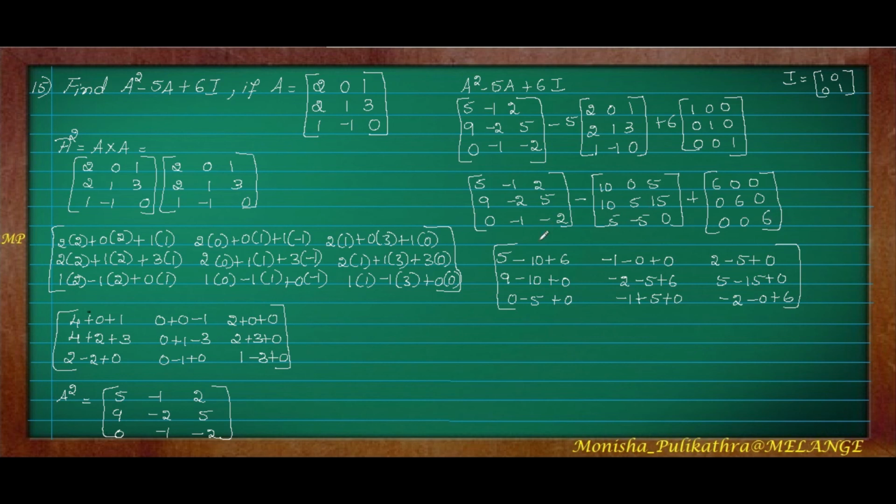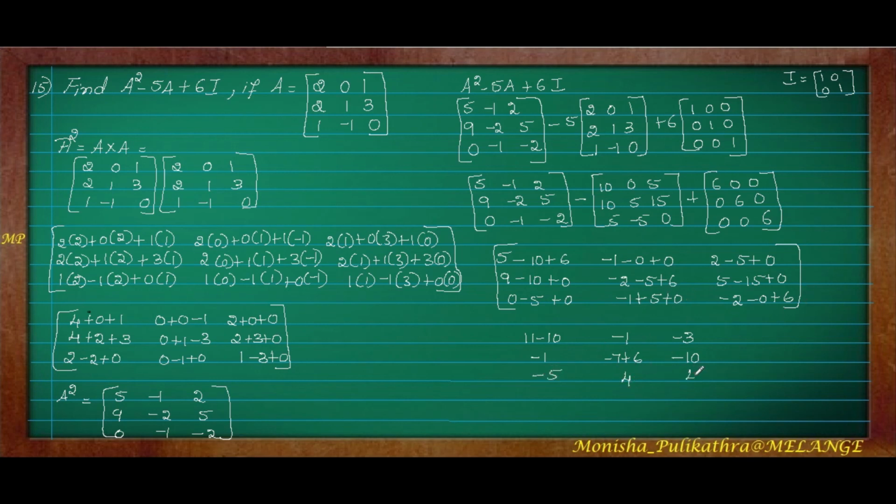So all three rows I have taken, first for subtraction and then addition. So it will become 6 plus 5 is 11 minus 10, here minus 1. Next is zeros. 2 minus 5 is minus 3. Next 9 minus 10 is minus 1. Here minus 2 minus 5 is minus 7 plus 6. Here 5 minus 15 is minus 10. So 0 minus 5, 5 minus 1 is 4.